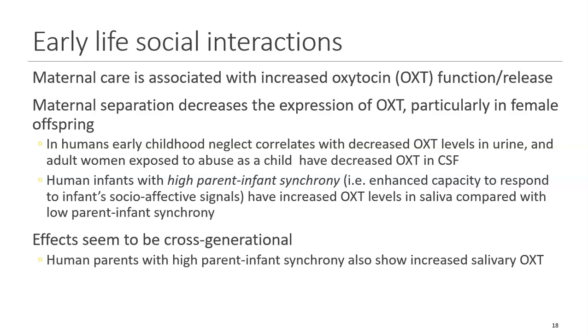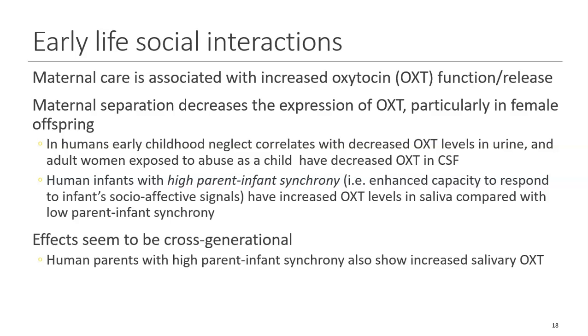As well, human infants that have high parent-infant synchrony, so enhanced capacity to respond to an infant's social affective signals, have increased oxytocin levels in the saliva compared with low parent-infant synchrony.